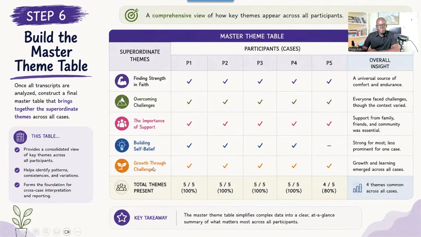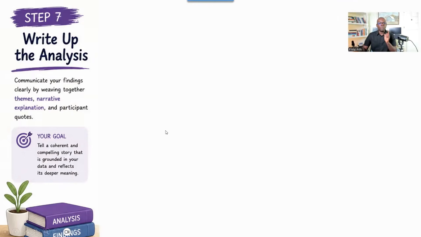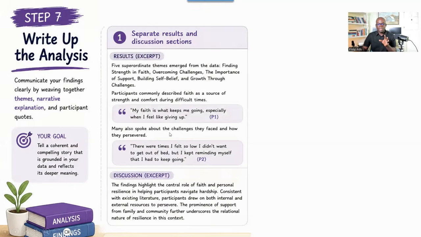The final themes. So in terms of write up, this is step 7. In terms of writing up, there are 2 options that you have. The first option, which is more popular, is where you write your results separately from the discussion. So you first have to write your results. How do you write your results? Most of the time, you state the theme, you provide your understanding of the theme or the definition of the theme, what the theme represents, and how unique the theme is.